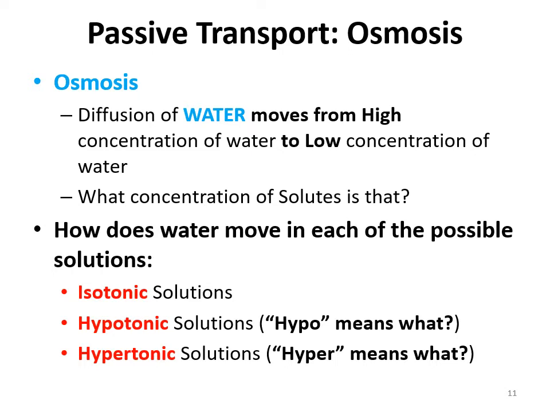And the way that you can visualize this, in an isotonic solution, that is the ideal. Next to isotonic solution, I want you to write happy cell. Cells are happy in isotonic solutions because there's an equal concentration of solute and water inside and outside of the cell.